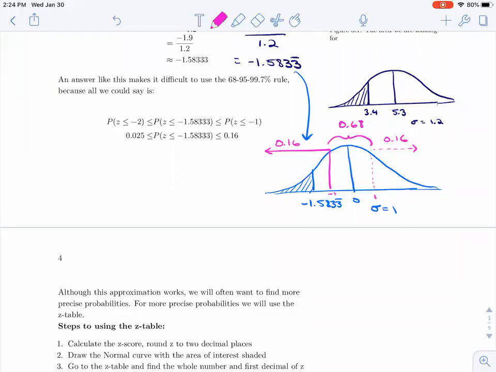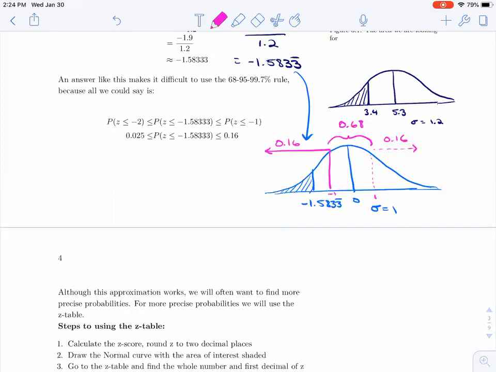So you can use this rule to find these tail probabilities too. And that's because of symmetry, they have to be the same. So by the same logic, we know that between negative 2 and 2, right, we've got 0.95. And so then we've got 0.05 left over, which we have to split evenly amongst the tails. So we've got 0.025 on either tail.